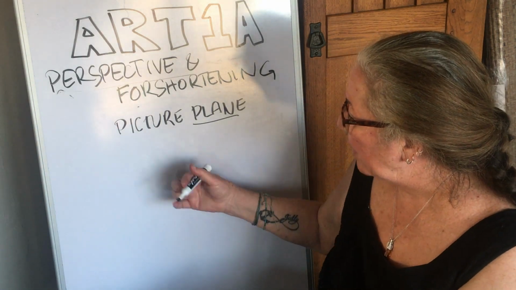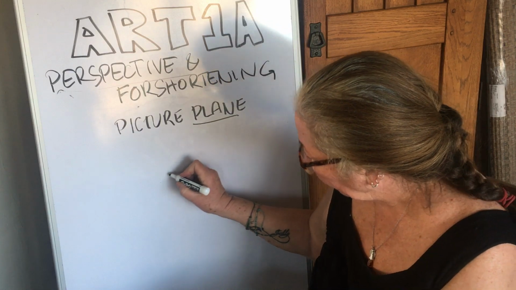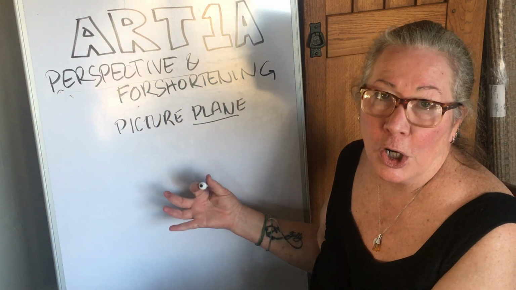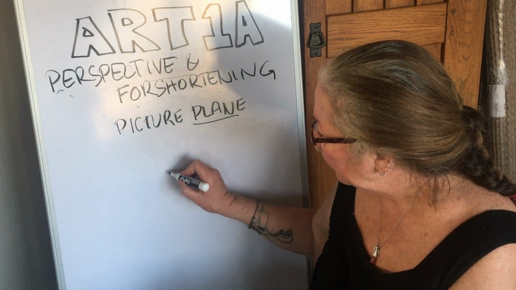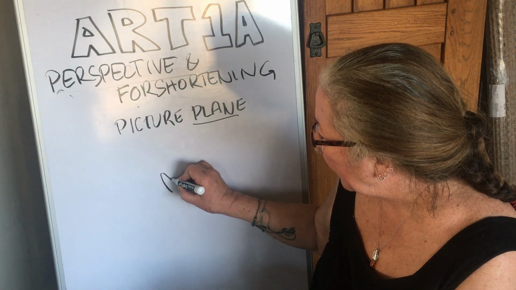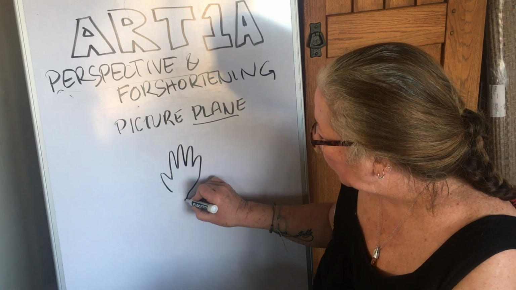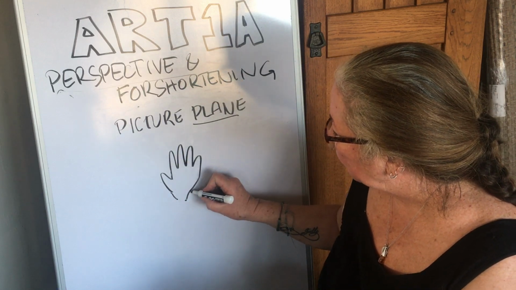So if you have a body that's at a right angle to that surface, you'll see it foreshortened, right? Or a body part will look foreshortened. In other words, if I had my hand, I'm not going to do a really fancy drawing here, standing out like that, it would look much bigger.